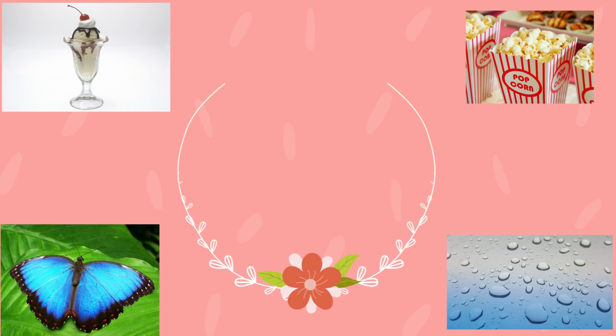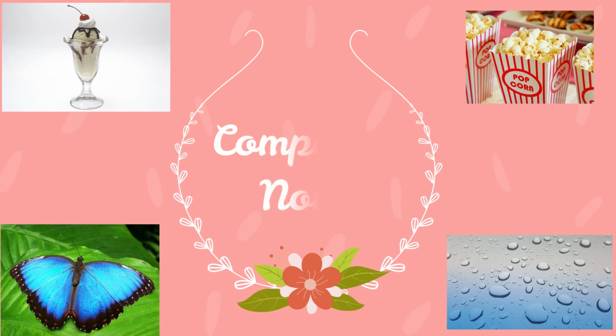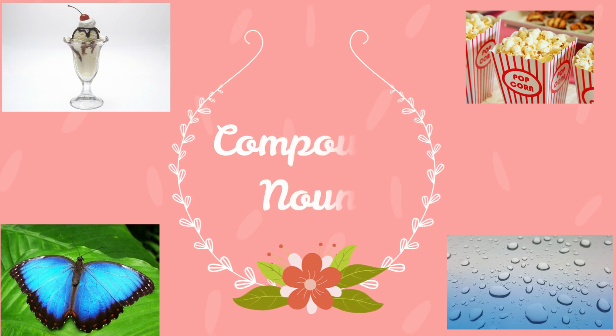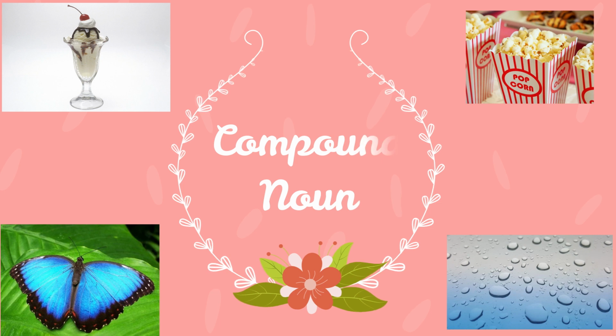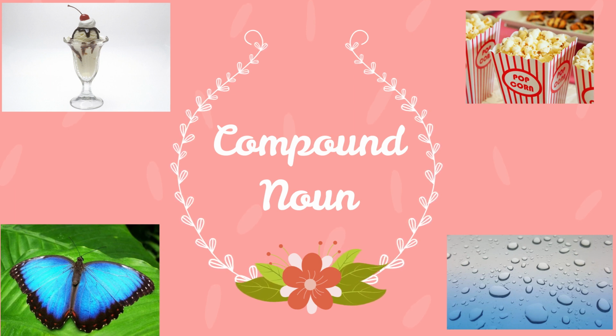Next on the list are compound nouns. A compound noun is formed when two words are combined to create a completely new word. It means that the definition of the new word must be different from either of its parts individually. Let me give you an example of a butterfly. You know, a butterfly is an insect with beautiful patterns on its wings.